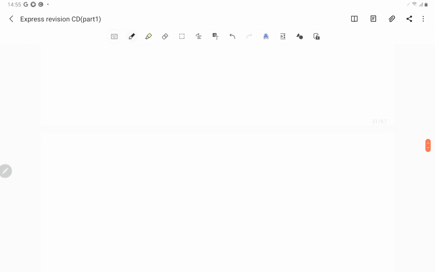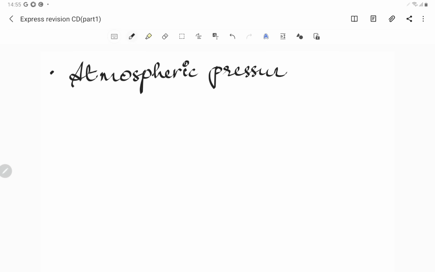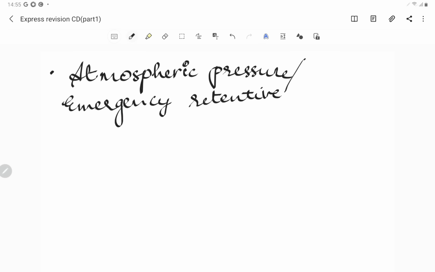Then a very important point that can be asked is again the atmospheric pressure. This is a straight away point. Atmospheric pressure, or also known as emergency retentive force, which is going to hold up the maxillary denture, right?